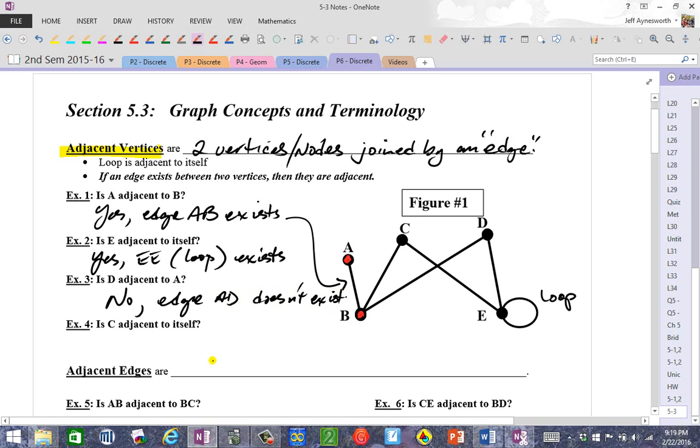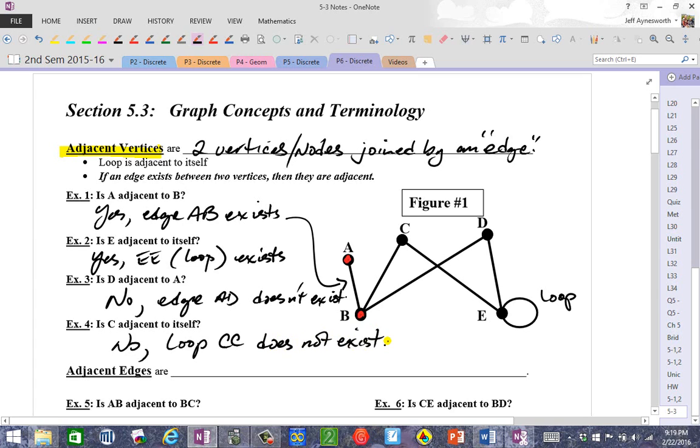Is C adjacent to itself? Here's C up here. I don't see a loop there, so I'm going to say no again. The loop CC does not exist. Only loops are adjacent to themselves. So if you don't see a loop, that's not true.